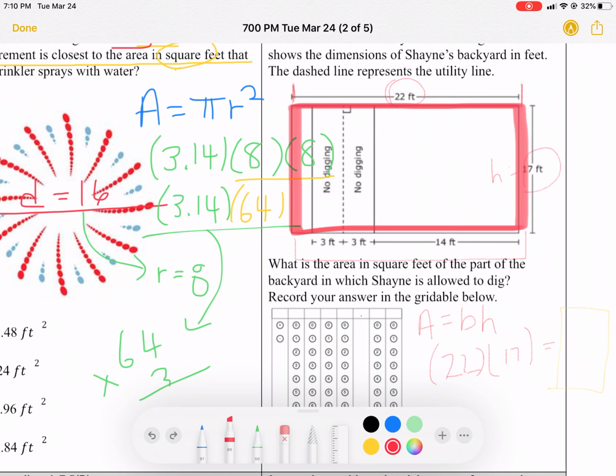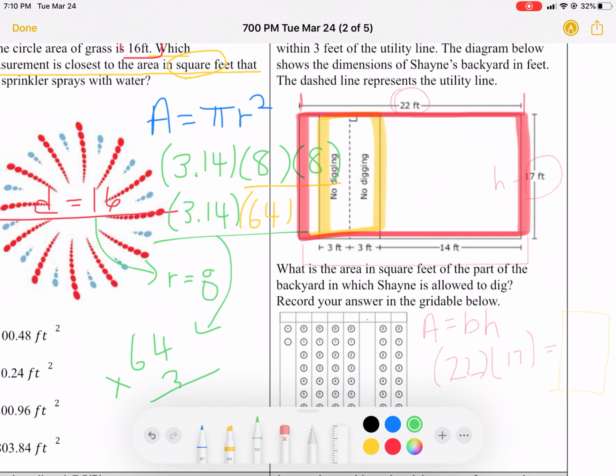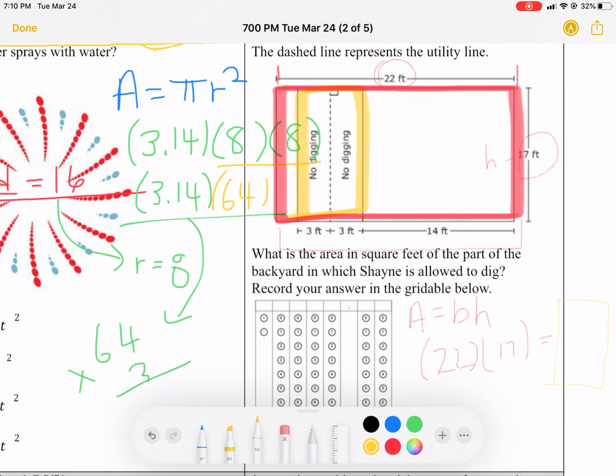Oops, I'm gonna represent that with the yellow. Okay, so now that part is a rectangle as well, so I'm gonna put A equals BH, base times height. My base is actually going to be right here, 3 plus 3, combine them to make it easy, 6.